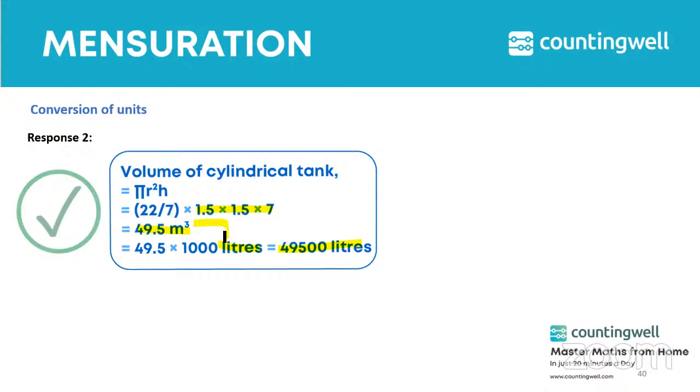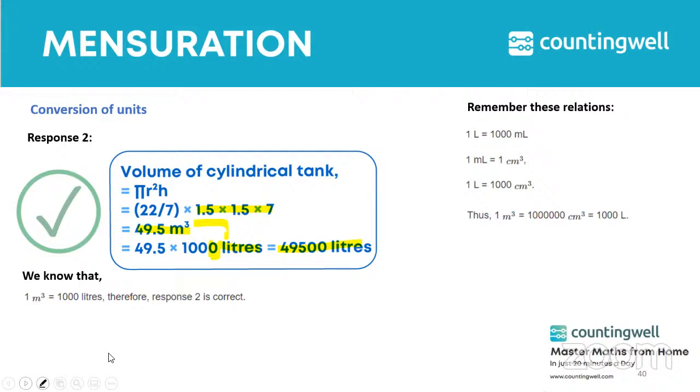So here the difference of 10 is important. 1 meter cube is 1000 liters, and this is the correct response. So you have to remember these relations properly.